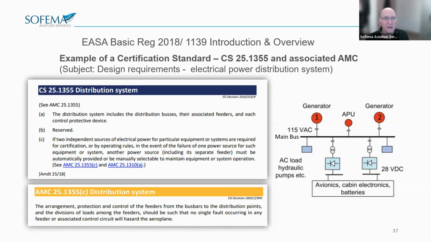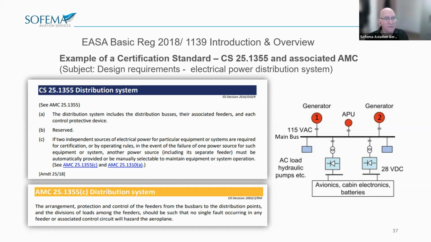And it states that for an aircraft that requires 2 sources of power generation for its certification, which will be the case for any two-engine aircraft, that if one source of electrical power fails, such as a generator, then it must be possible to automatically or manually switch to the other generation source. So this implies that both the electrical generation systems should be able to feed essential systems via a common bus. And you can see that there on that very much simplified aircraft electrical system diagram.